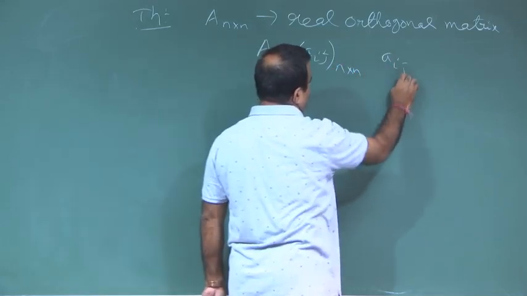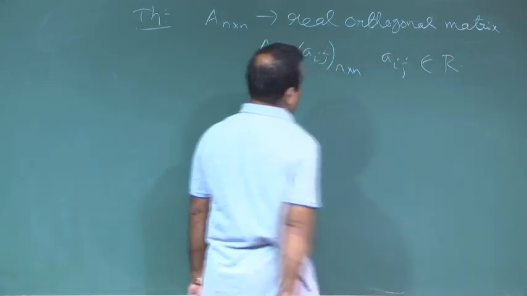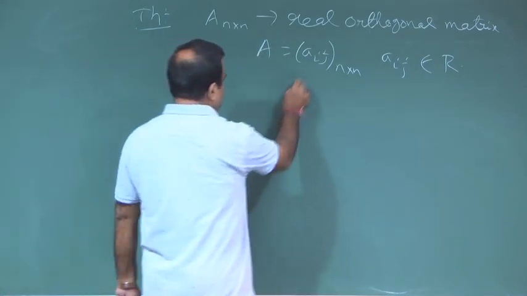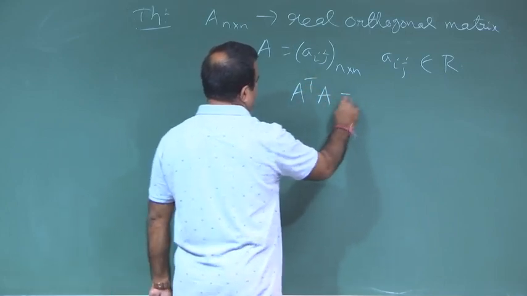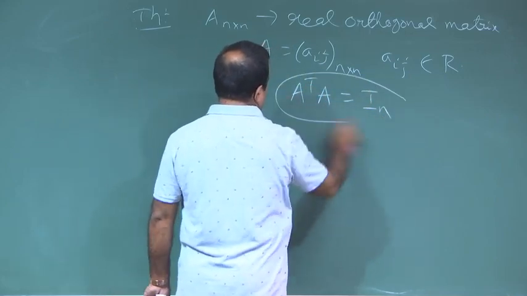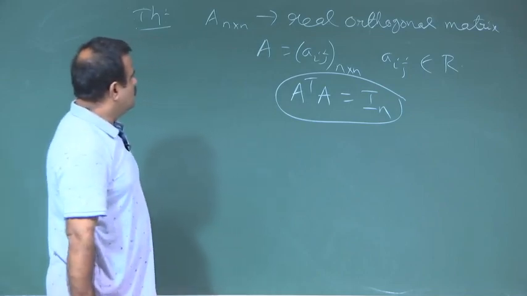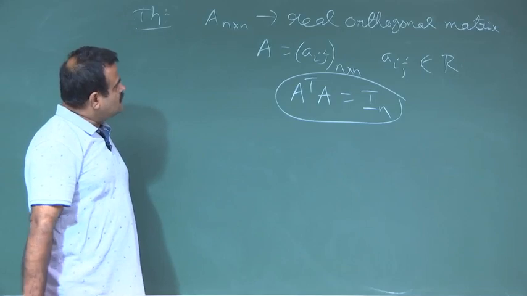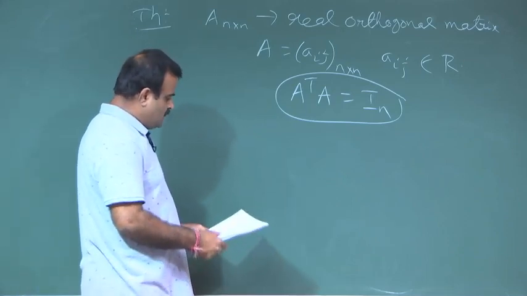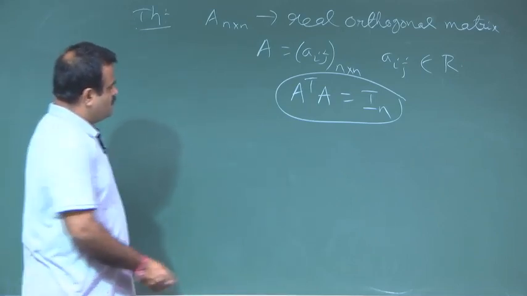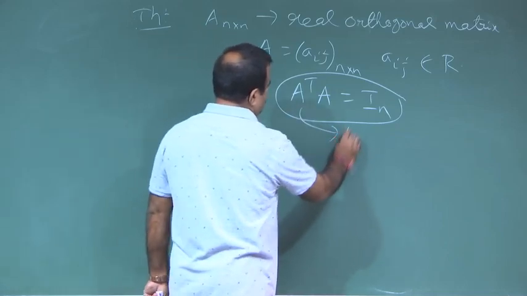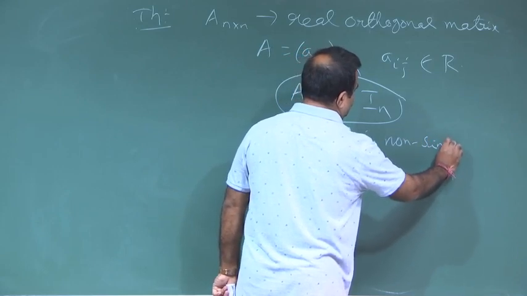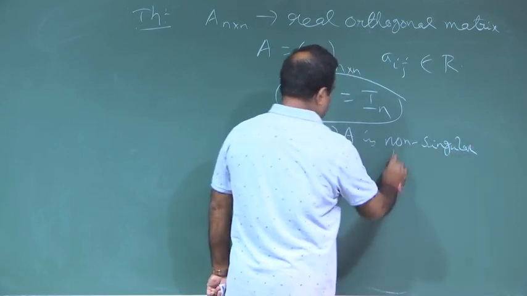So, here our underlying field is the real numbers, and orthogonal means A transpose A is equal to the identity. So, this is the orthogonal property of a matrix. Now, this is given. Since it is orthogonal, it is a non-singular matrix. This implies A is non-singular. That means determinant of A is not equal to 0.